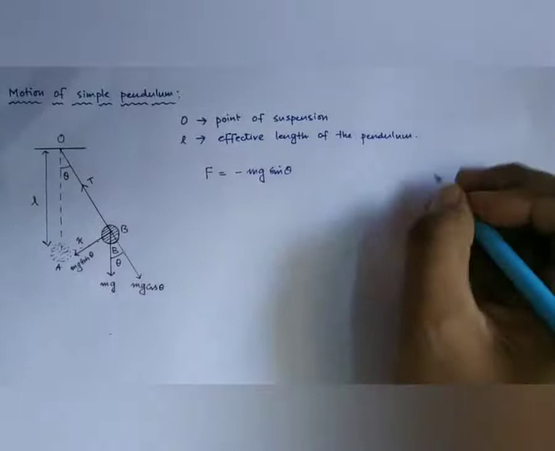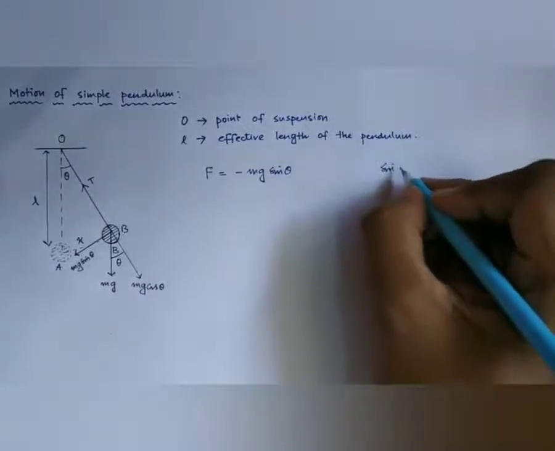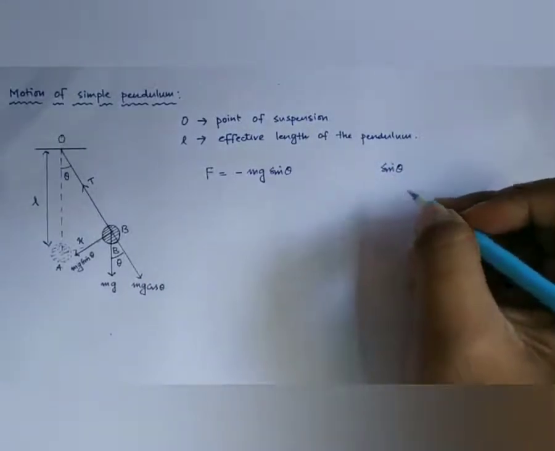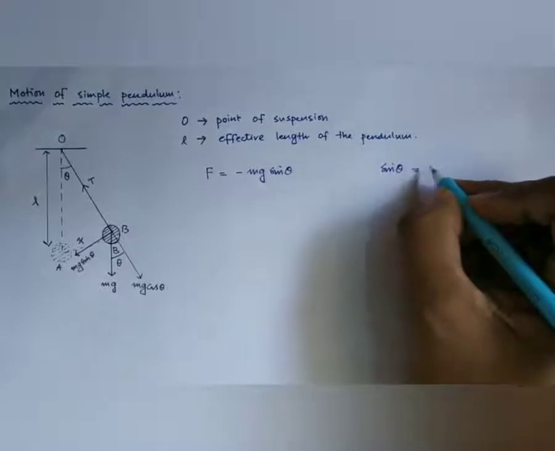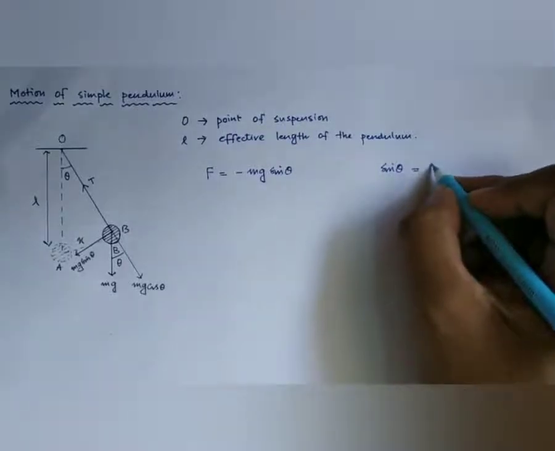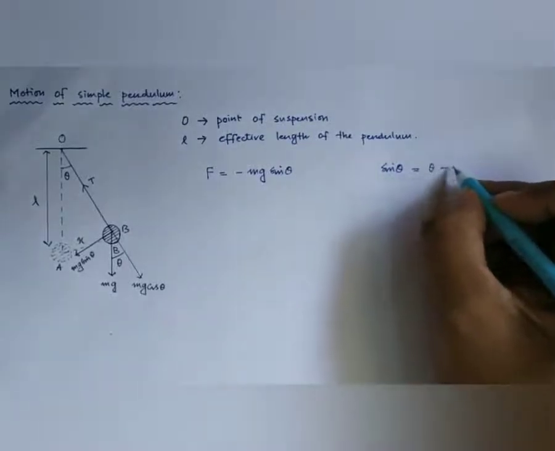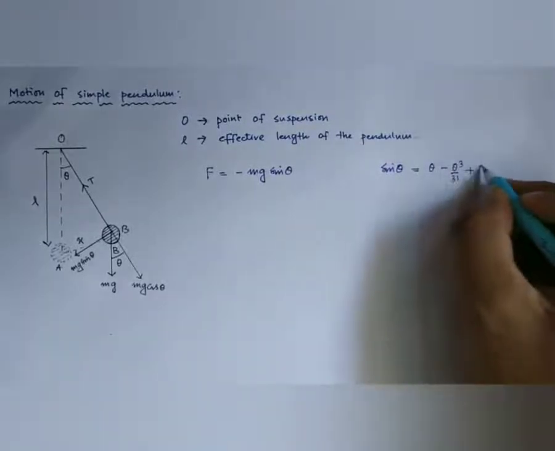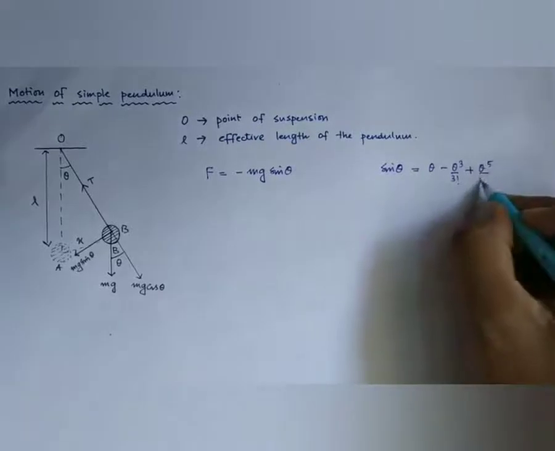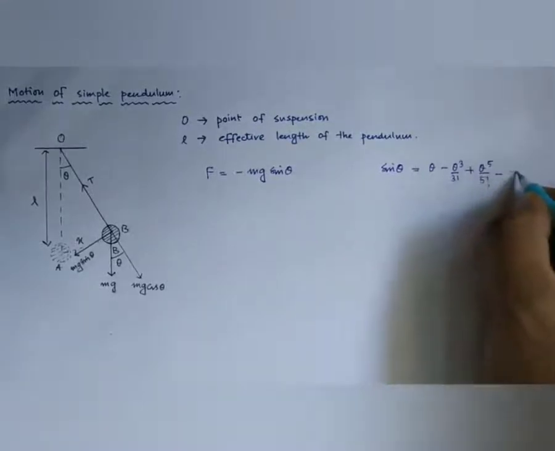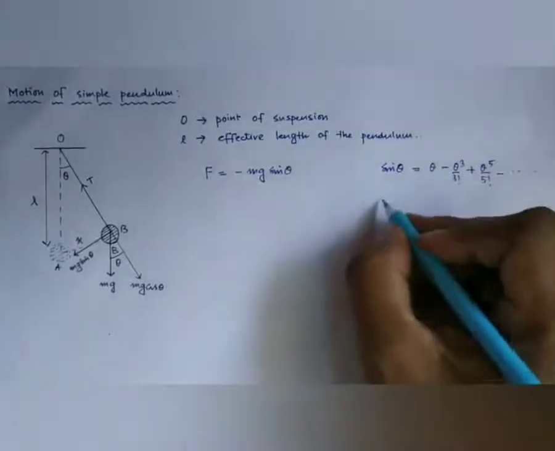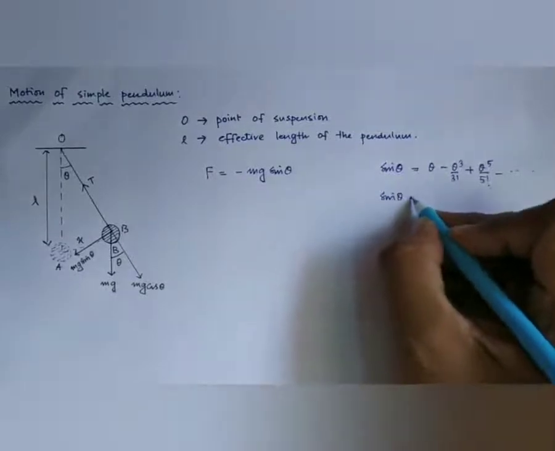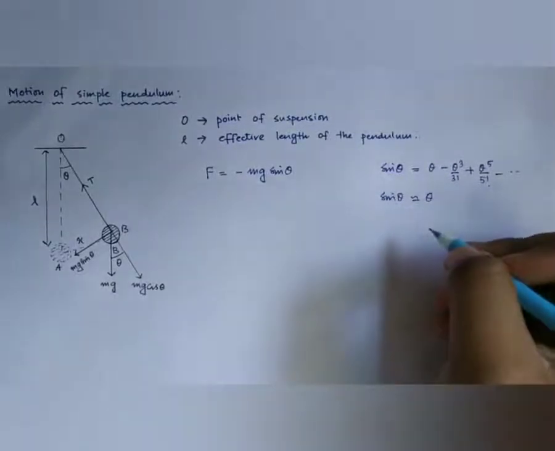So by expanding sin theta in series, if we expand it in Taylor series, sin theta is equal to theta minus theta cube by factorial 3 plus theta to the power 5 by factorial 5 and so on. So we can approximate it as sin theta approximately equal to theta.